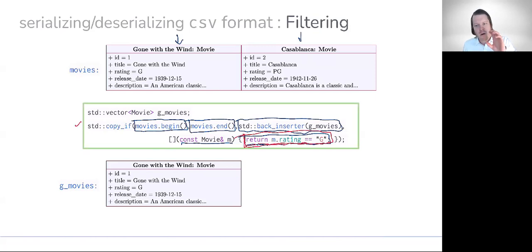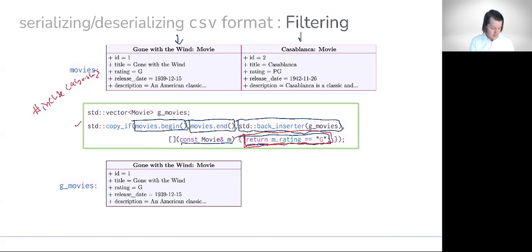But for now, all you need to do is look at this and realize, okay, the standard library, and this is going to be an algorithm, copy_if is in algorithm. I have this function called copy_if. I need to say that I want to look at every movie in my collection.